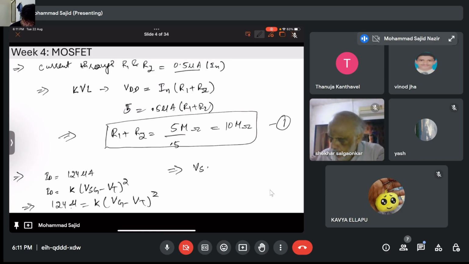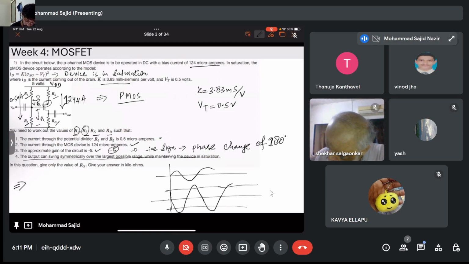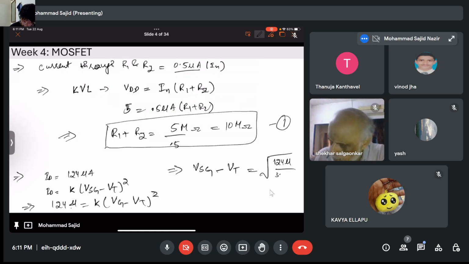That means VSG minus VT will be equal to the square root of 0.124 milli divided by 3.83, where K is 3.83 millisiemens per volt.